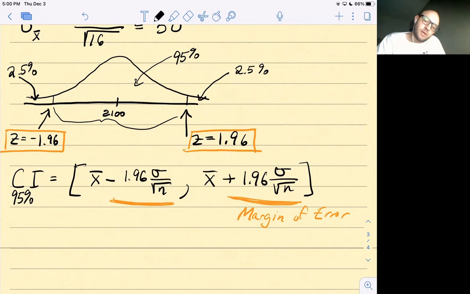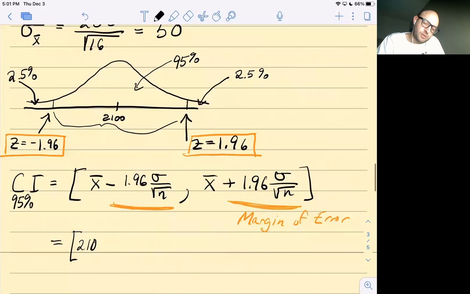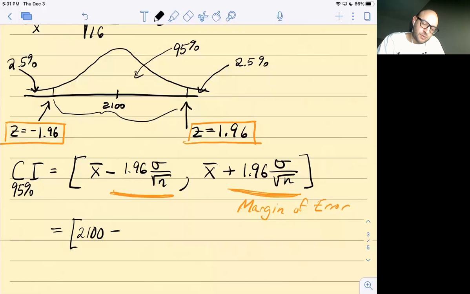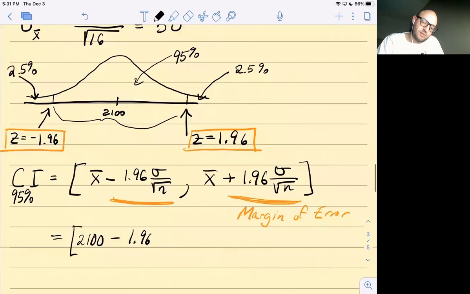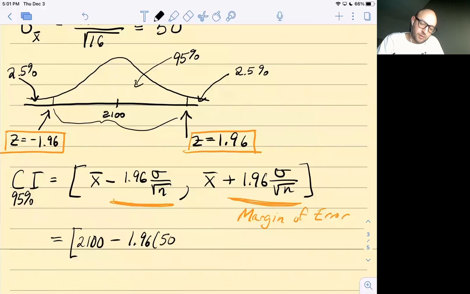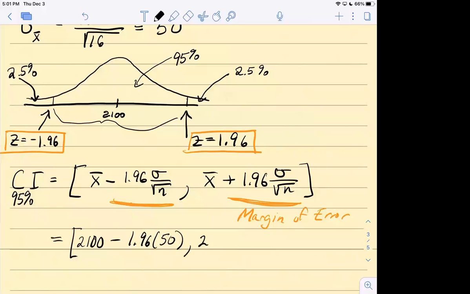So just plug in here: your confidence interval is going to be 2100 minus 1.96 times 50. That is sigma bar, yes, exactly.